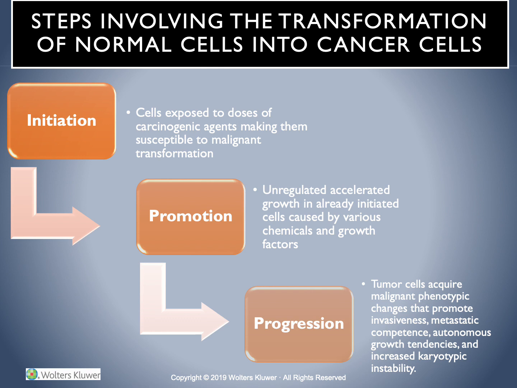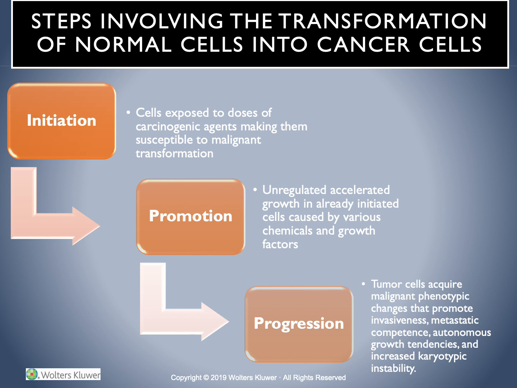Step 3 is progression. In this step, pre-neoplastic lesions or benign tumors acquire additional genetic alterations that confer malignant characteristics. These alterations can include mutations, chromosomal abnormalities, or changes in gene expression.